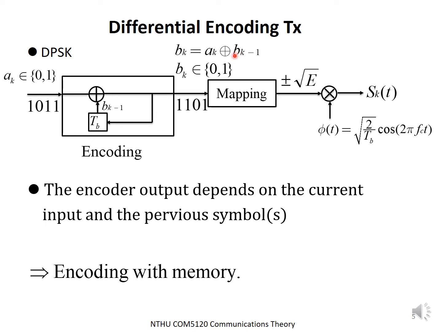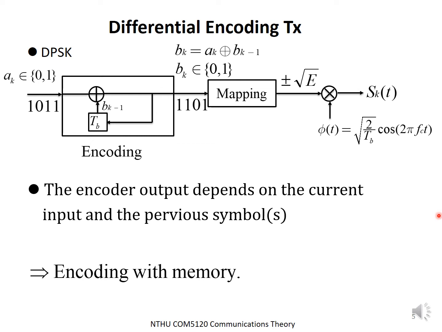So by comparing the relative phase, the system does not need the absolute value of the phase information. In a communication system, sometimes it's difficult to obtain the absolute phase of a signal precisely, because of the transmission delay, because of noise, and because of fading.